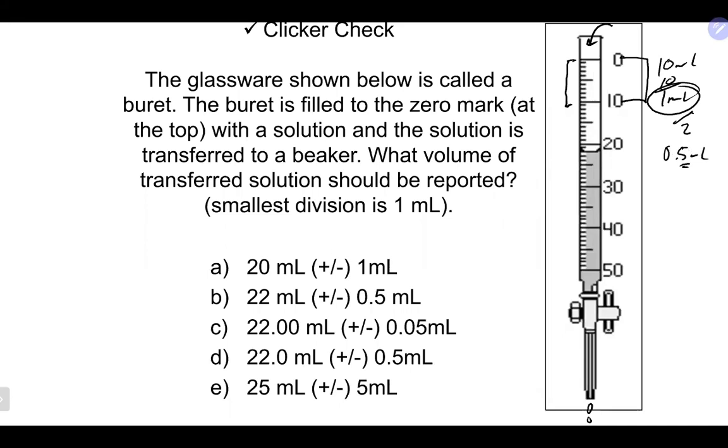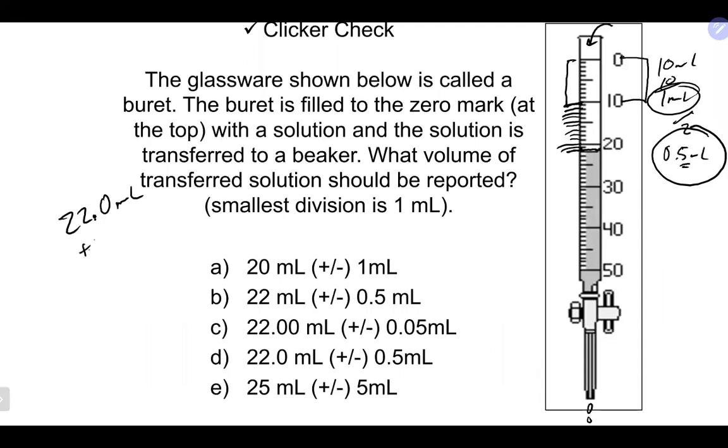So here, if we look at it, this would be 11, that would be 12, that would be 13, 14, 15, 16, 17, 18, 19, 20, 21, and it looks like perhaps it's right there on 22. So those are certain numbers, once again, because we do have the ability to take it to the first decimal place, as we talked about last time, we do want to preserve that by putting a 0 there, and we should record 22.0 milliliters.